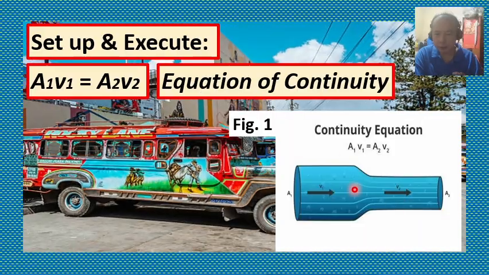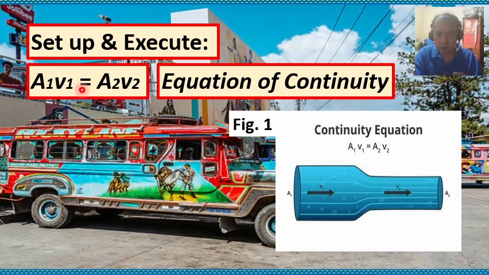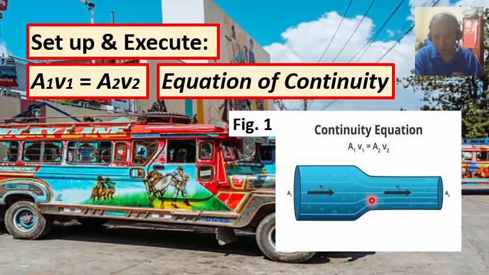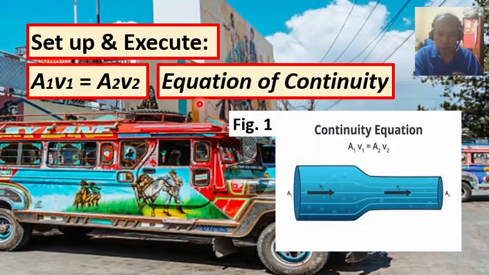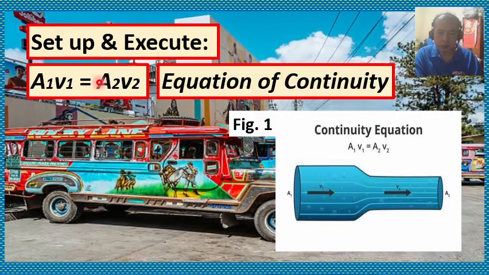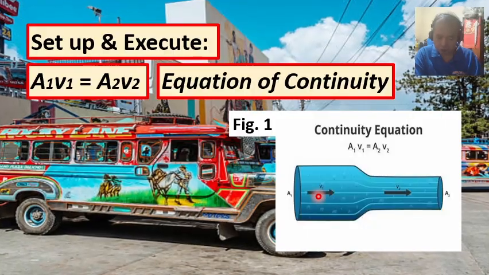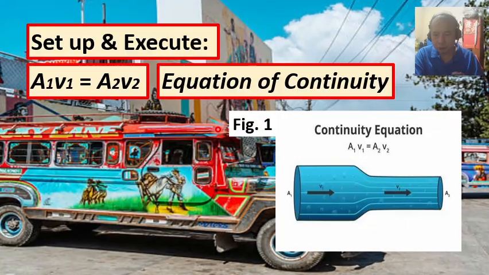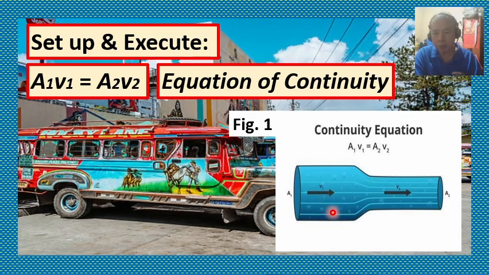So the equation of continuity says that the flow rate in this pipe is always constant. And that is expressed in this equation of continuity. From this equation, we can deduce that the flow speed of the water is inversely proportional to the cross-sectional area of that part of the pipe.